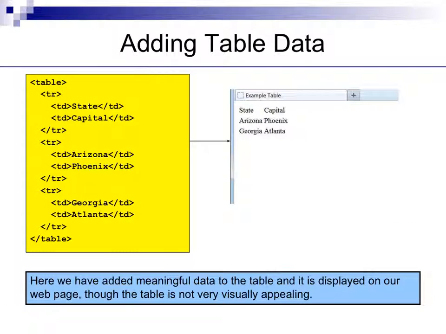Let's move on. Okay. So here's an example with some words already inside of it. Okay? And you can see that the first row has 2 cells, and there's State and Capital. So there you see State and Capital. Row 1.